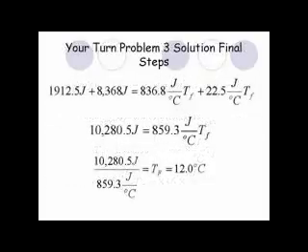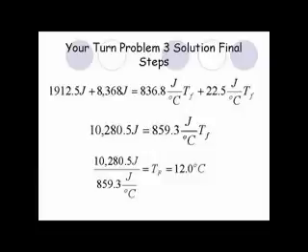We have some more algebra to do before we get to the end of this problem, so we're going to add 8,368 joules to both sides of the equation so that it cancels off the heat gain side and is added to the heat loss side, where it can be combined with the 1912.5 joules.